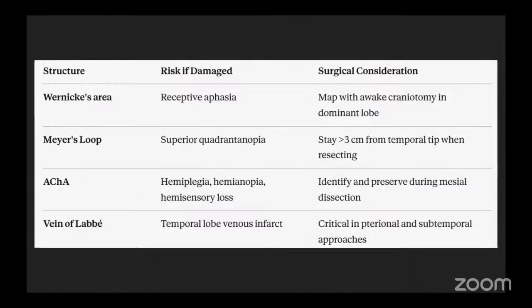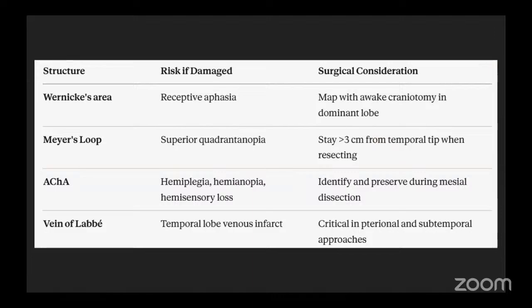So the surgical relevance, why did we spend 2 days on temporal lobe? We need to know what happens if Wernicke's area is injured. It's receptive aphasia. The patient is going to have word salads. They are going to talk, but they are not going to have any idea what they are saying. So if the Wernicke's area is damaged, we have receptive aphasia.